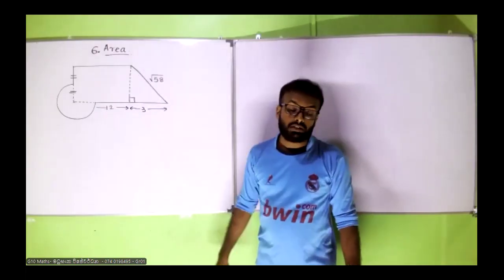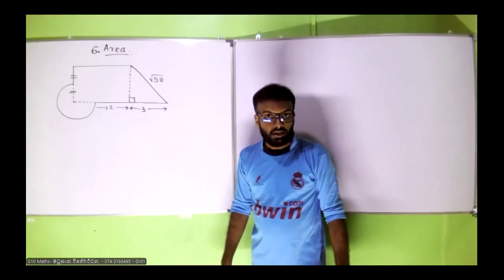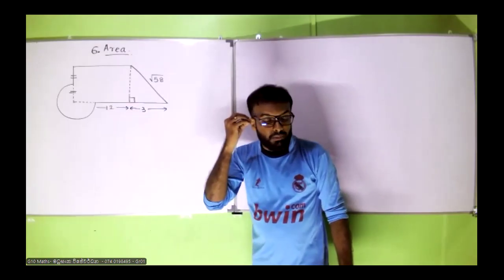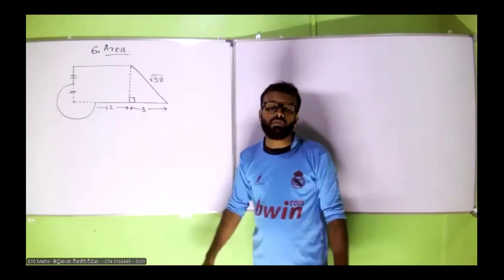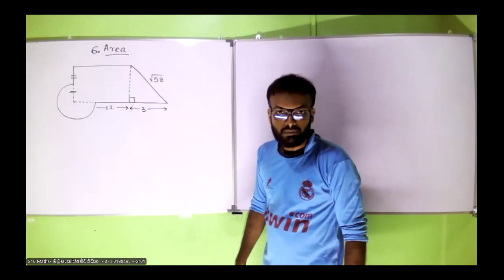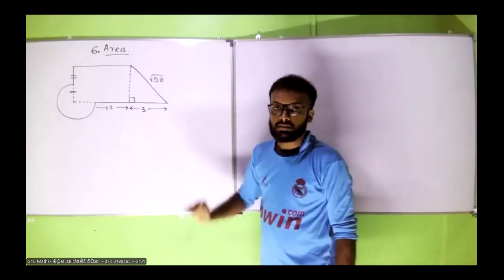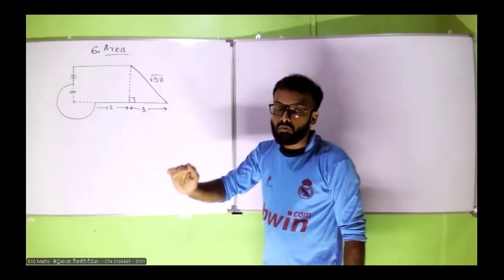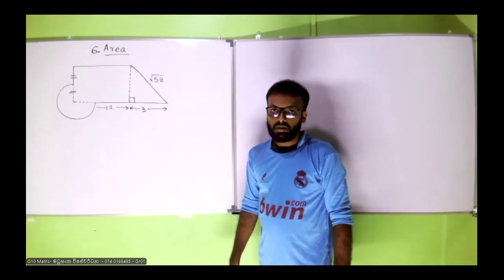What the hell was that? You are not going to find the square root of 58. If you remember the Pythagorean relationship, you are not going to find the square root of 58. You keep square root of 58 as it is, because you know what would be happening next, right?